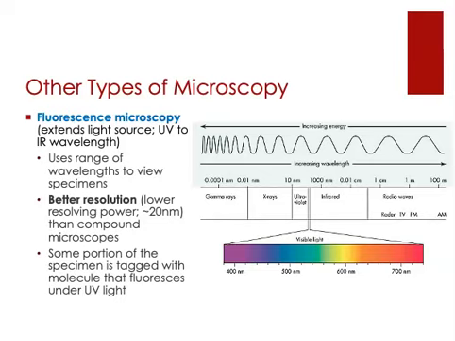Now, the reason we refer to this as fluorescence microscopy is because we don't just stain our specimens with ordinary stains when we're doing this type of microscopy. We use fluorescent tag molecules. Now, what I mean by that is certain types of molecules that, again, will bind to materials in a cell.